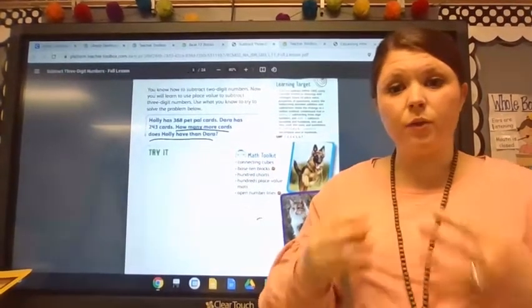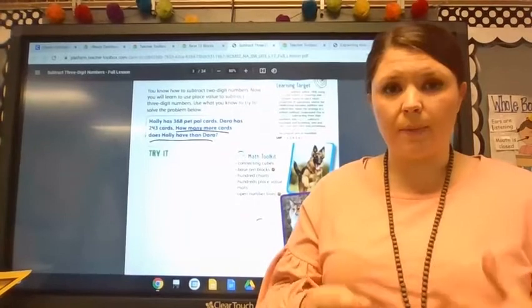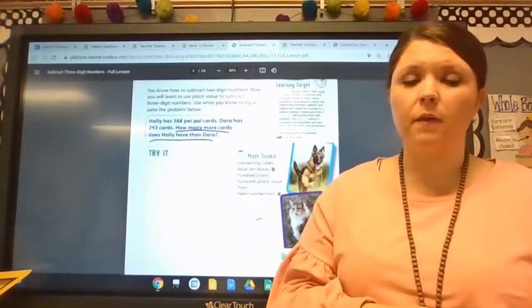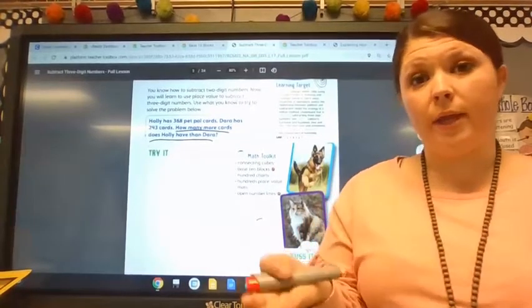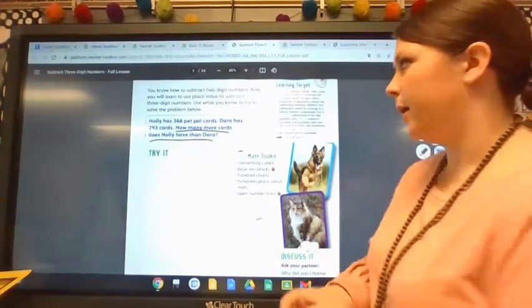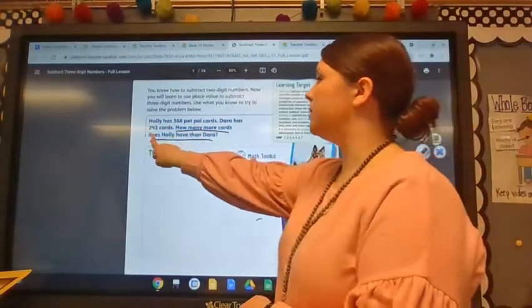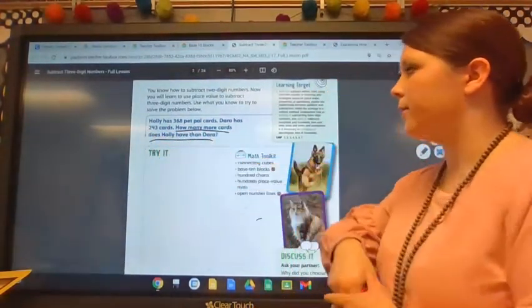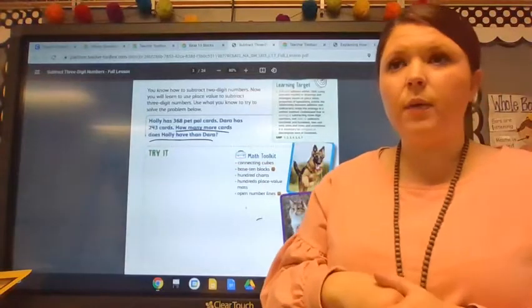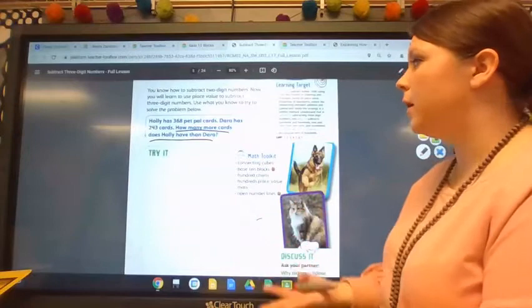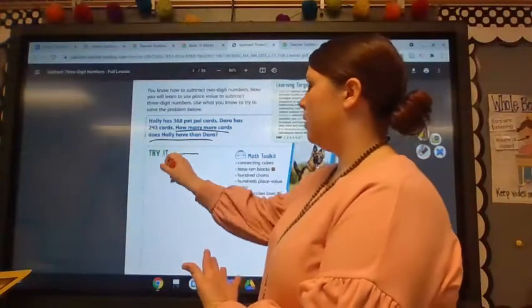All right, so you should have already worked through this problem. Now we're coming back to check and see what you already knew about solving this problem and how we can improve to do better next time, okay? We're trying to solve the question, how many more cards does Holly have than Dara? Okay? So here we're thinking about our whole. What is our whole number of cards here?